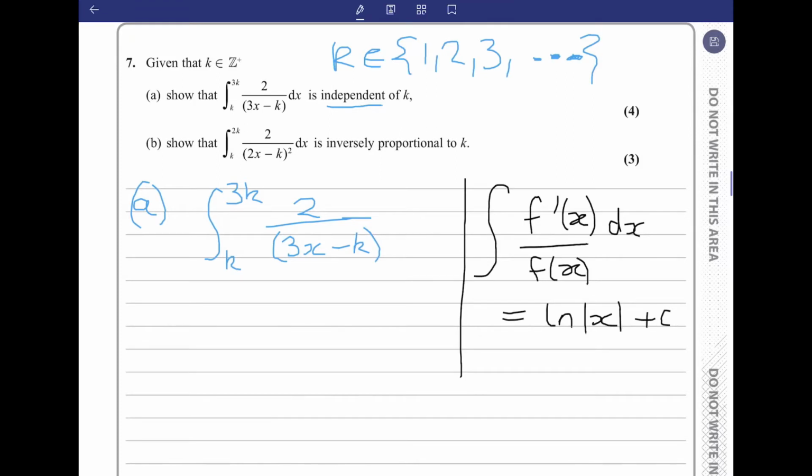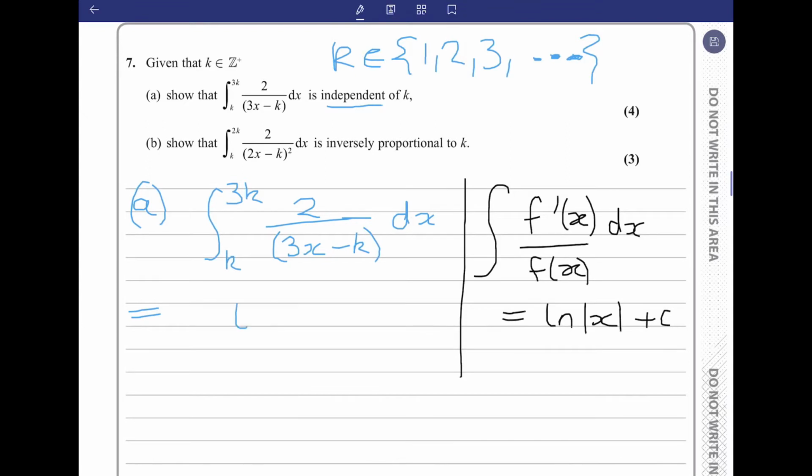We can see that we have quite a similar thing going on here. If we differentiate 3x minus k with respect to x, we get 3, which is nearly 2. This is called integration by inspection, or just looking at what you're going to get, basically.